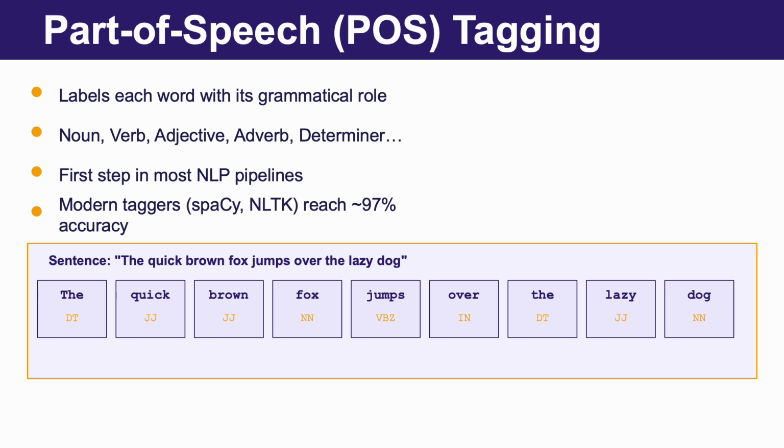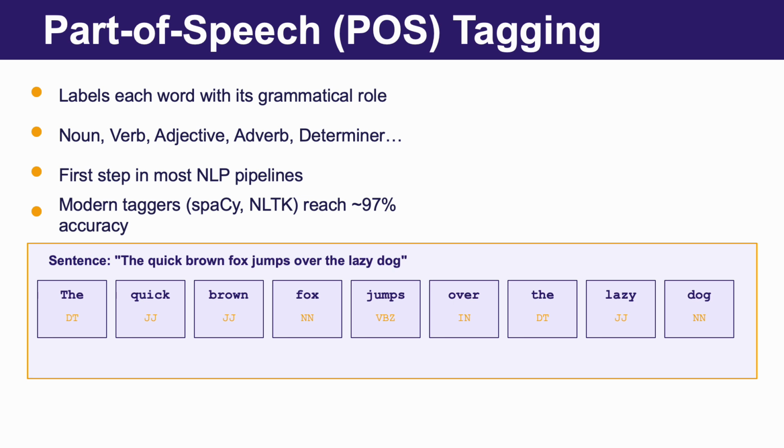Modern taggers use neural networks and reach around 97% accuracy on standard benchmarks. The remaining 3% is largely caused by genuinely ambiguous cases where even humans disagree. The output of a POS tagger feeds into parsers, named entity recognizers, and many other systems.